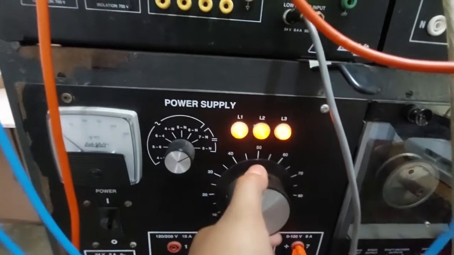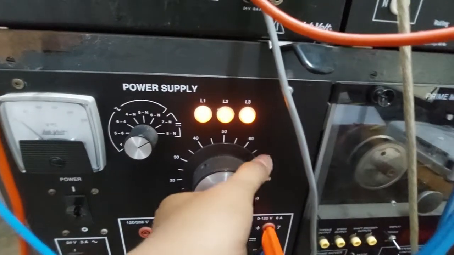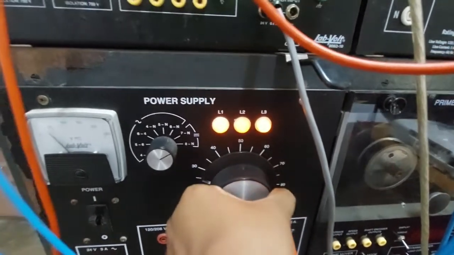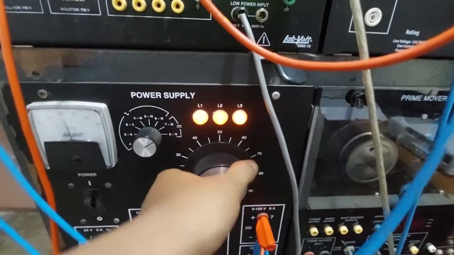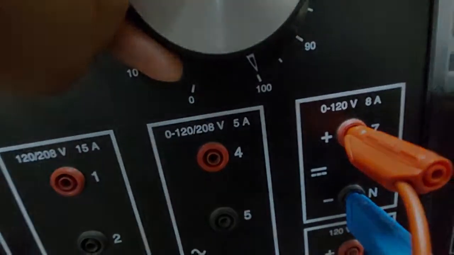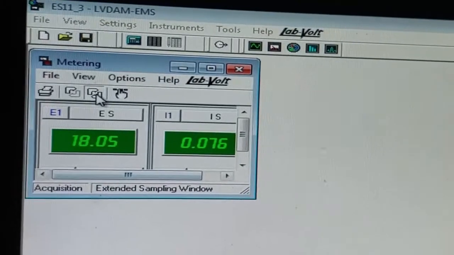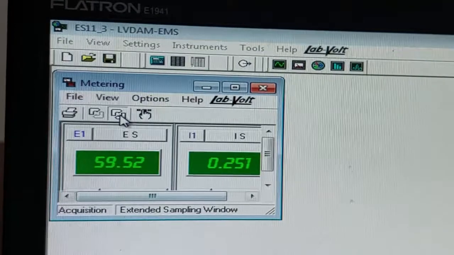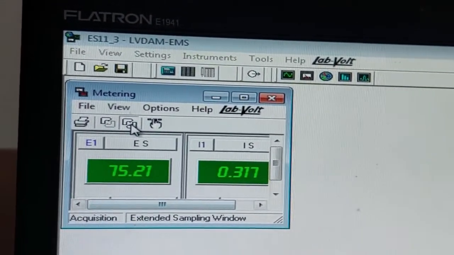Ayan. So, excited, no? So, tataasan natin siya from 0 to 120 volts. Okay. Measurement from 0 to 100% of our voltage. So pataas siya ng pataas. So nakikita niyo pataas din ng pataas yung current in our voltage.